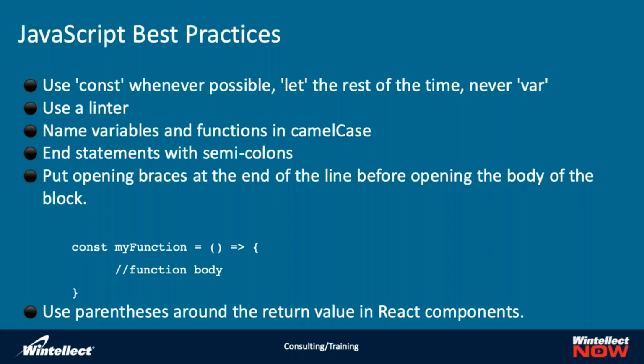And it's best practice today to only use these two and never use the var keyword, which is the old function scoped keyword that was originally put into JavaScript and was your only option for creating variables up until 2015. You can do everything you need with const and let, and it's a lot safer than using var.